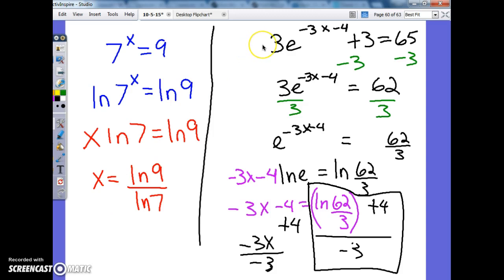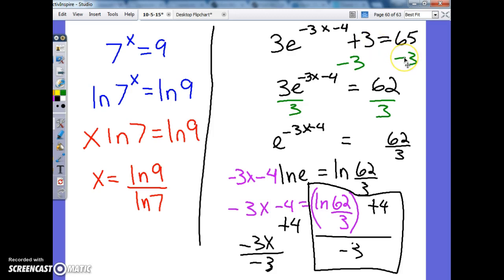Here's another exponential function, but we need to clean it up first. My base is e, which is 2.718..., 3 times e to this exponent plus 3 equals 65, and we've worked this one. I want to strip away everything so it's just base to exponent equals the number, okay? So first thing we do is handle addition and subtraction. We do reverse PEMDAS, add and subtract first, then multiply, divide, and so on.